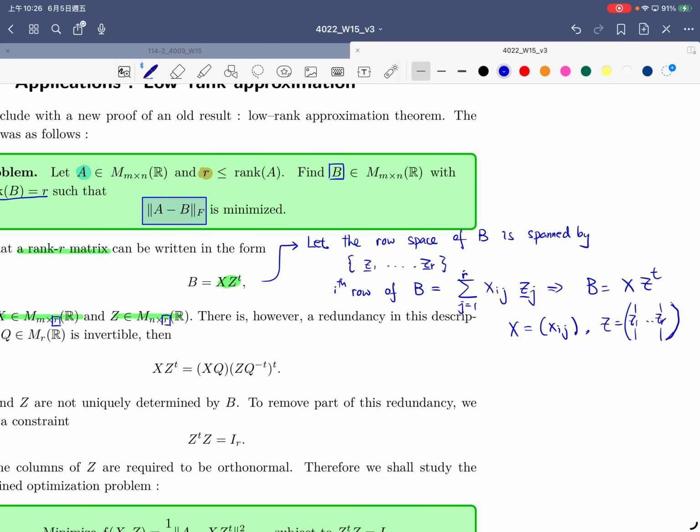Equivalently, if I choose the columns of Z to be an orthonormal basis, that means this matrix will satisfy the condition Z transpose Z equals the identity. Now be careful, it does not mean Z is orthogonal, because Z is not a square matrix.